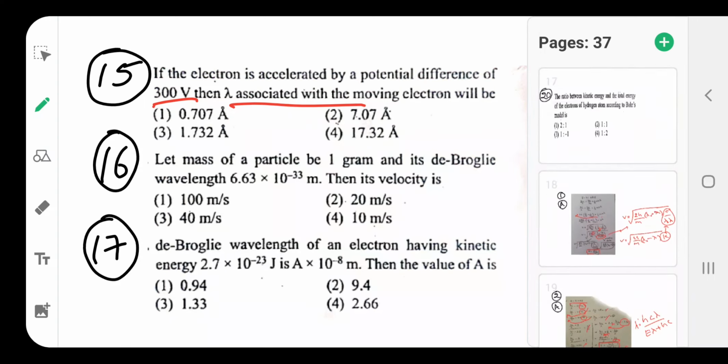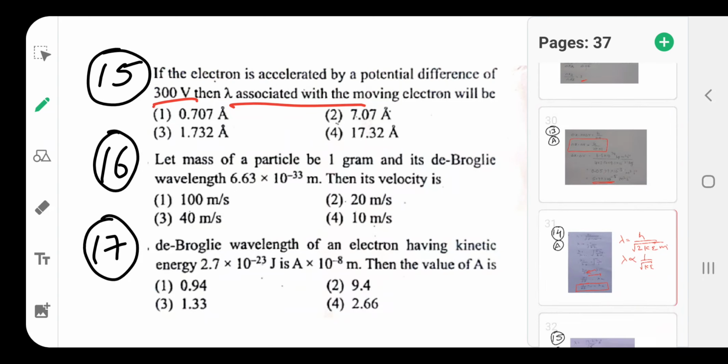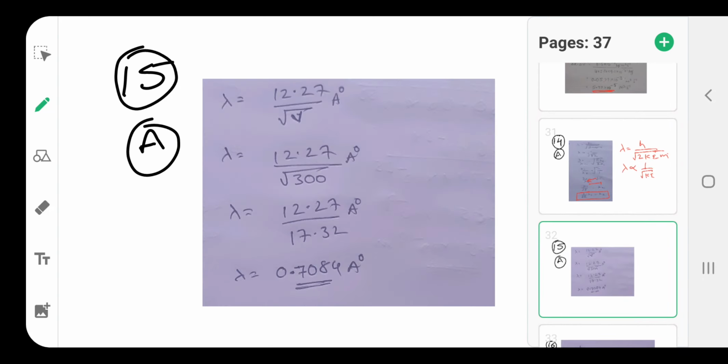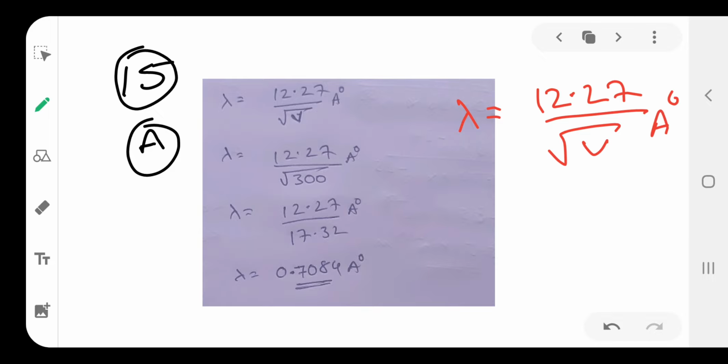Wavelength and potential difference relation: this is the formula. Lambda is equal to 12.27 divided by root V, where V is the potential difference, in angstrom units.